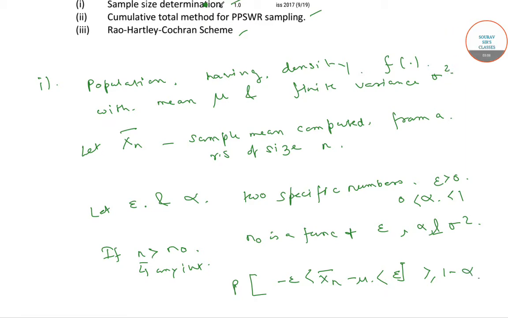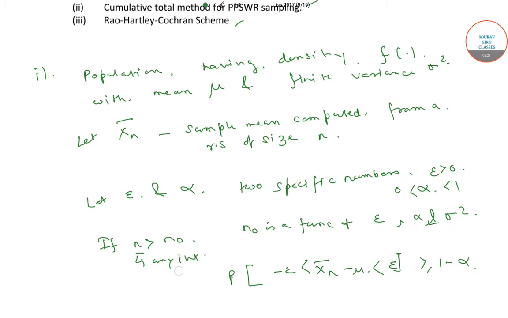So if n, which is any integer, is greater than n naught, where n naught is a function of epsilon, alpha and sigma square, then the probability that X n bar minus mu lies in the interval minus epsilon to epsilon is greater than 1 minus alpha.